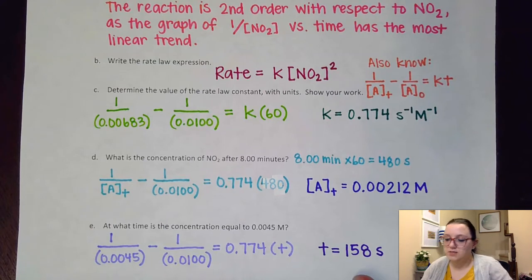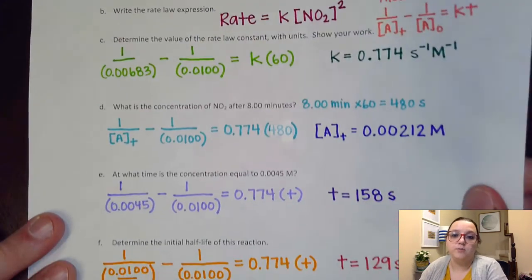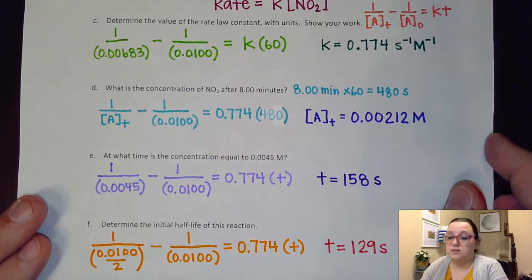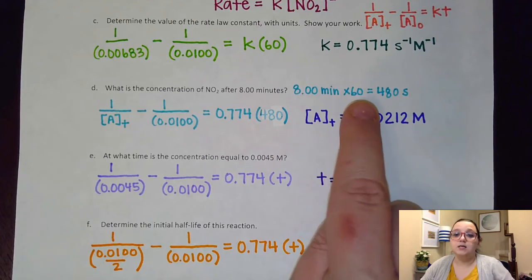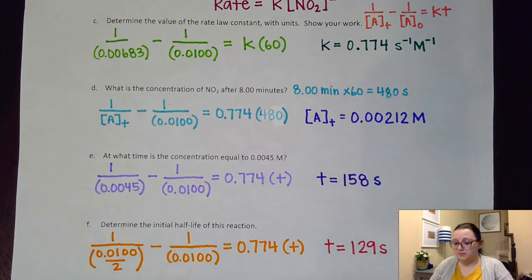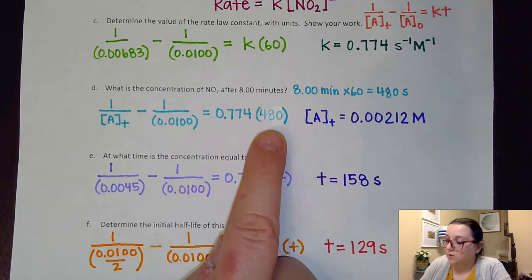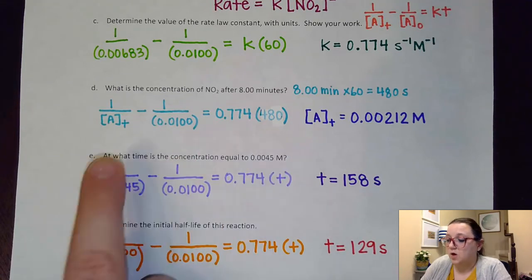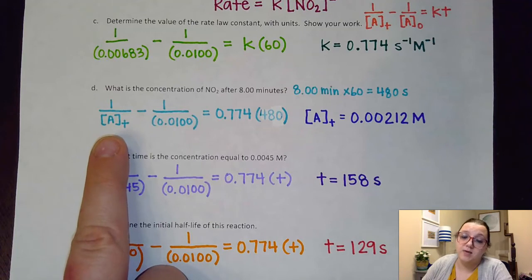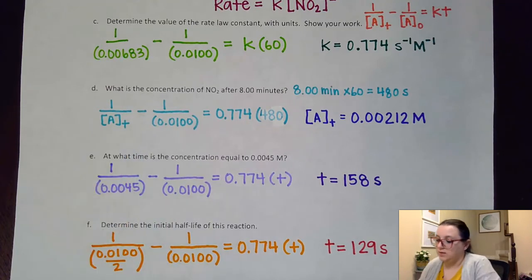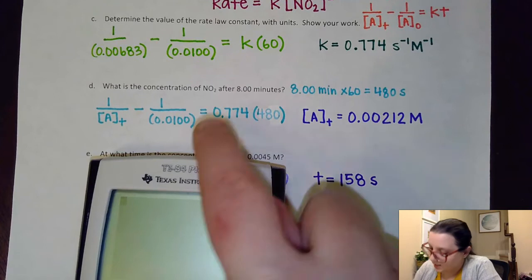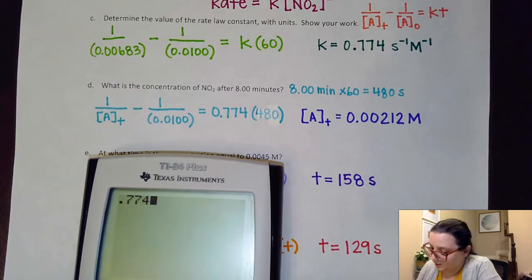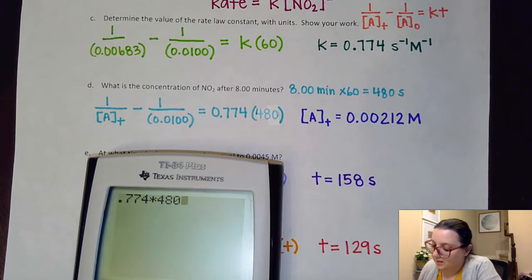So then the next one says, hey, what is the concentration of NO2 after 8 minutes? So I did need to convert that 8 minutes into seconds. And so I multiplied it by 60. And so what I wanted to do then is figure out for 480 seconds, what would the concentration of A be at those conditions? So again, what I would do math-wise is 0.774 times 480, get an answer.